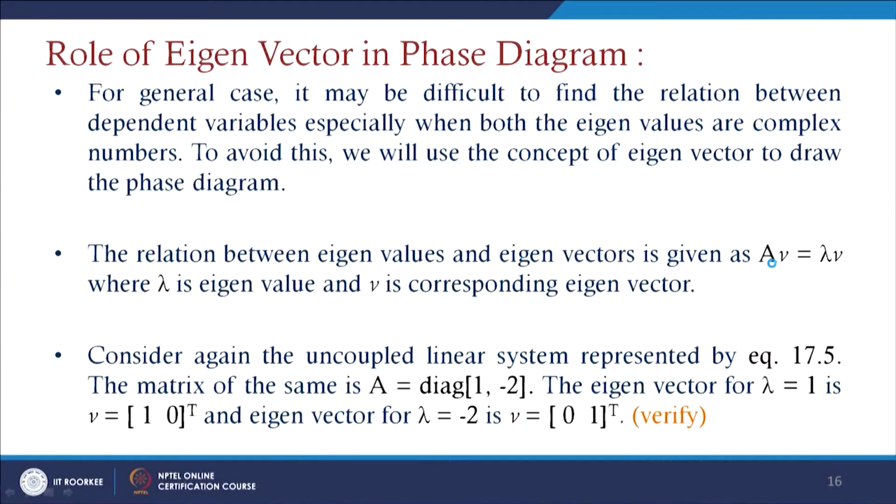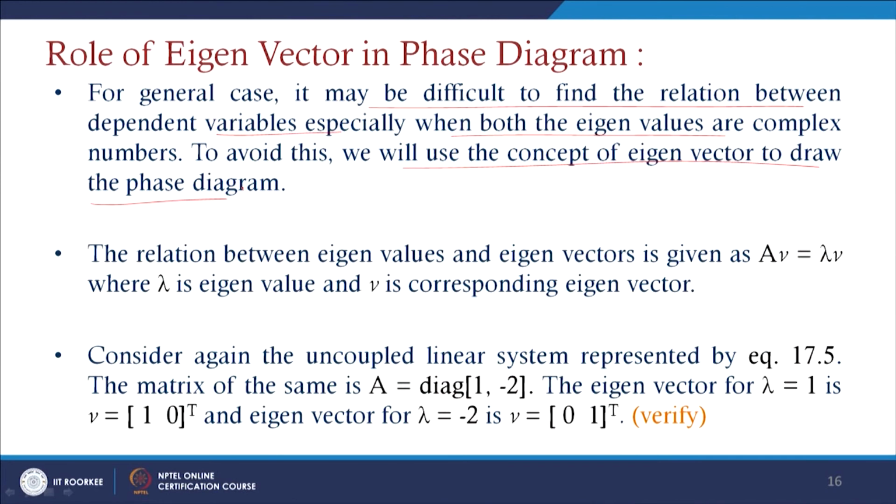Now, the role of the eigenvector in a phase diagram. In general, it may be difficult to find the relation between dependent variables, especially when both eigenvalues are complex numbers. To avoid this, we will use the concept of eigenvector to draw the phase diagram.